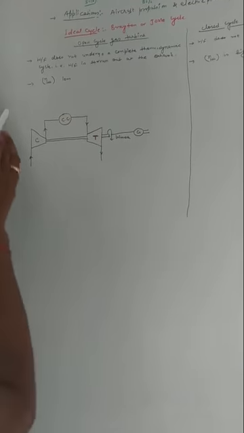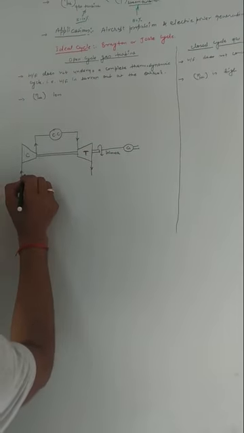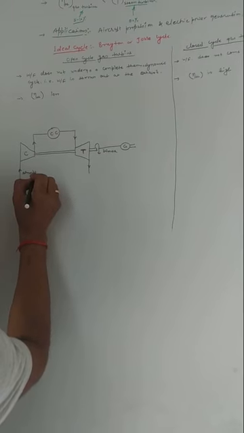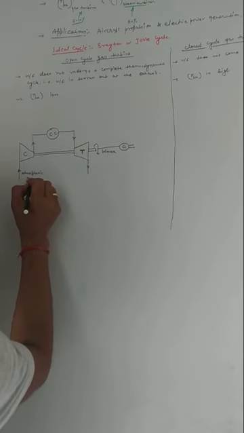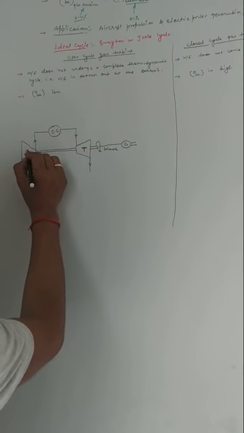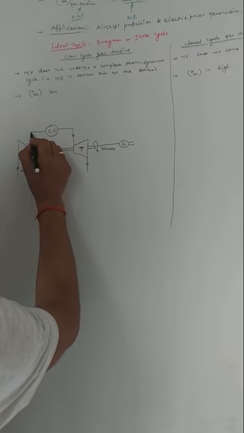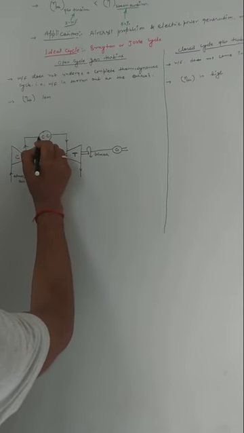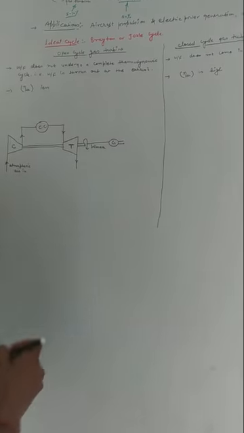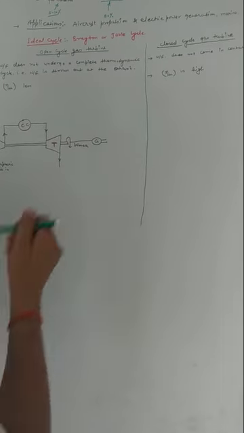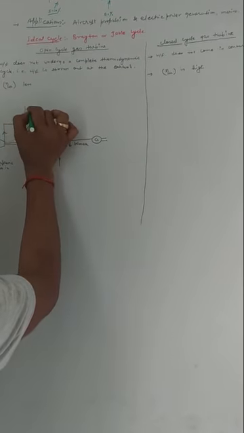So, first of all, atmospheric air enters in the compressor, where it gets compressed and its pressure is increased and volume is decreased. This high pressure air enters into the combustion chamber, and there is a supply of fuel.